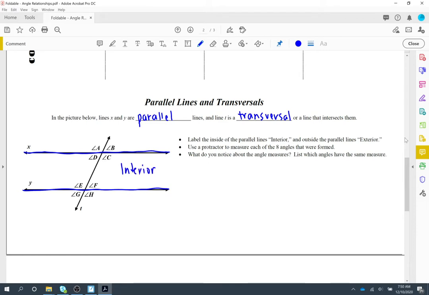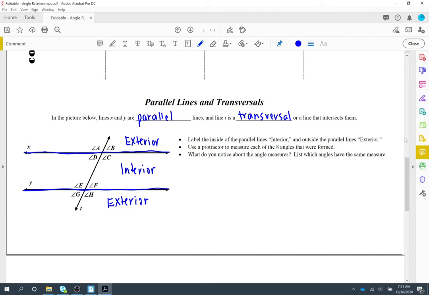Then the sidewalk, where you don't want to drive your car, is your exterior. So out here would be your exterior, and out here would be your exterior. It goes the whole way across, so this is also exterior, this is also exterior.